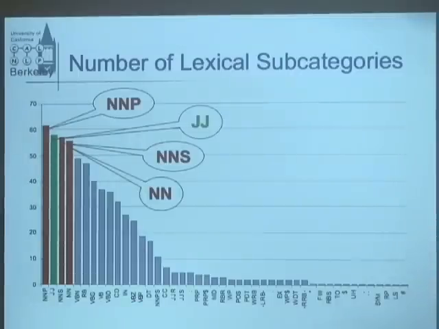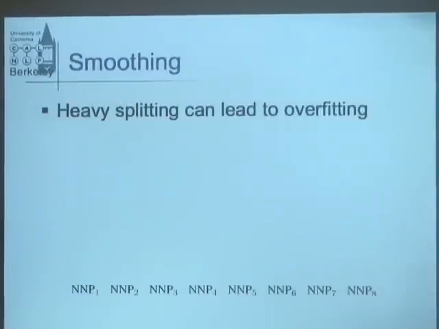But what I wanted to allude to is that one problem this model has is that we're taking these observed categories and splitting them into a large number of subcategories. So this heavy splitting can lead to overfitting, because now we have these 64 or 63 independent categories that are treated as completely separate symbols of the grammar.